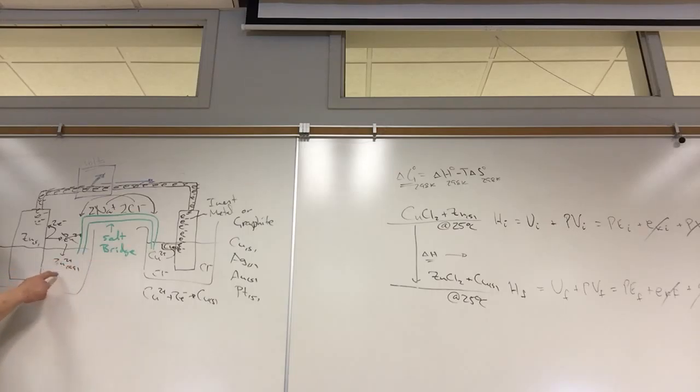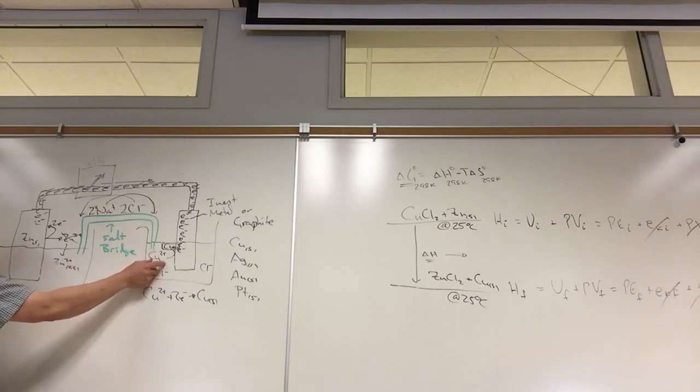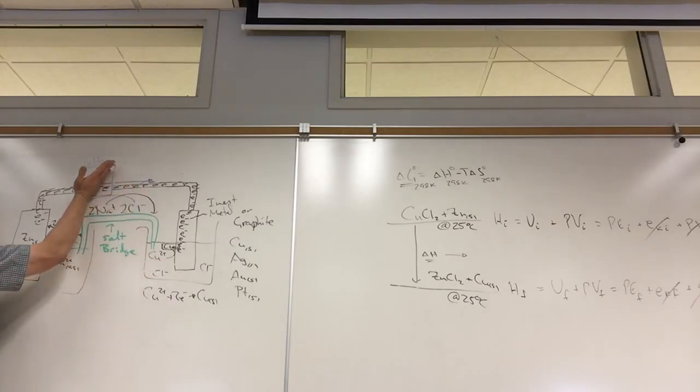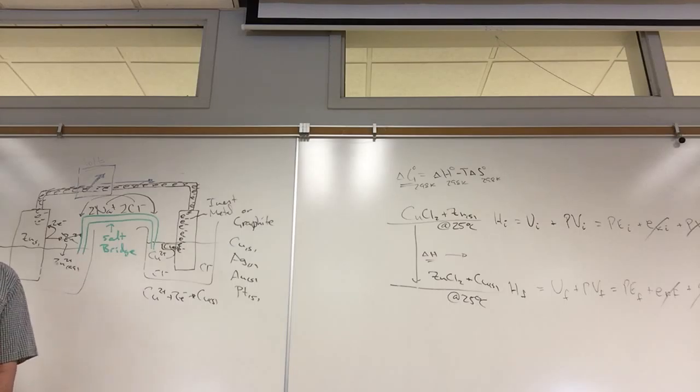Who do you think is going to win now? The zinc. So the voltage is going to go backwards, because now I've just changed delta G. Delta G has gone non-spontaneous, and the reverse reaction is now spontaneous.